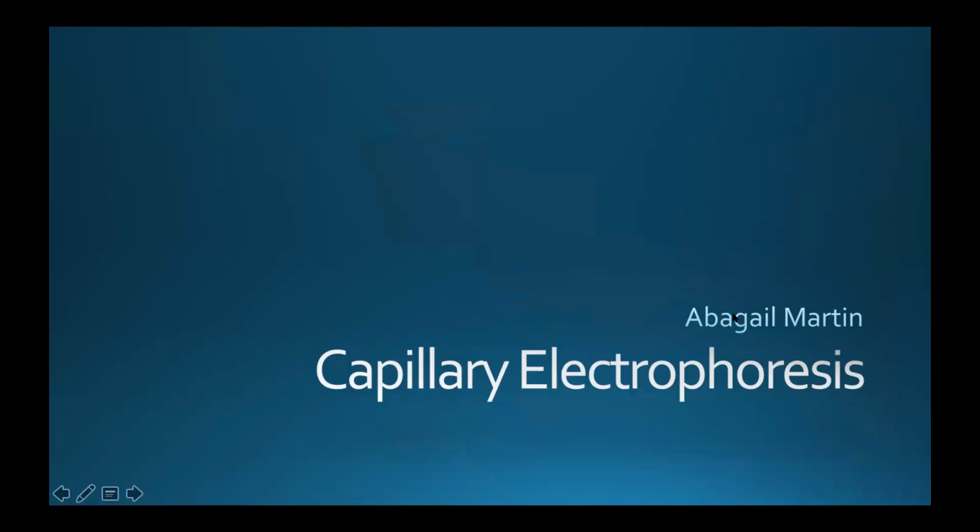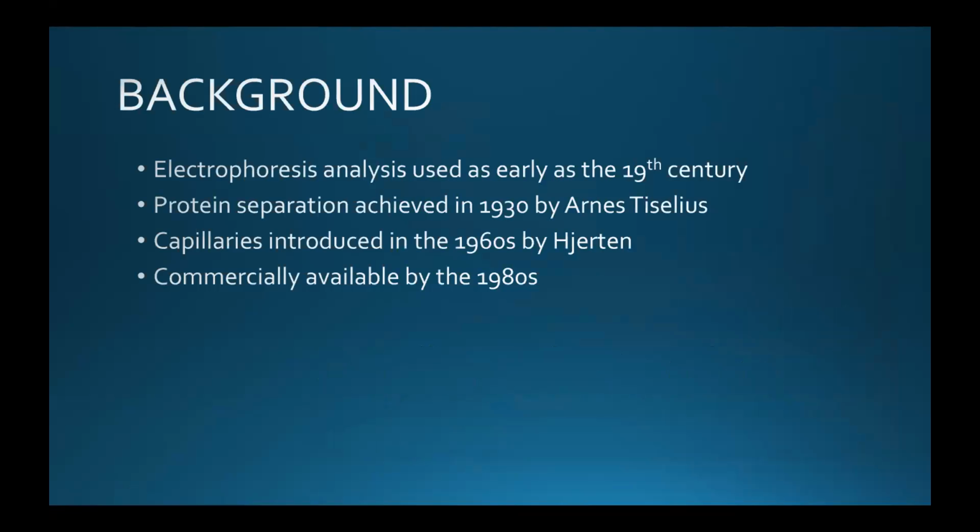Okay, so capillary electrophoresis. To start off with a little bit of background, it's a relatively new mode of analysis. Electrophoresis, at least, was used as early as the 19th century, but it didn't really get a lot of credit until capillaries were introduced in the 1960s by Cureton, and that is an essential part of what makes the process so efficient.